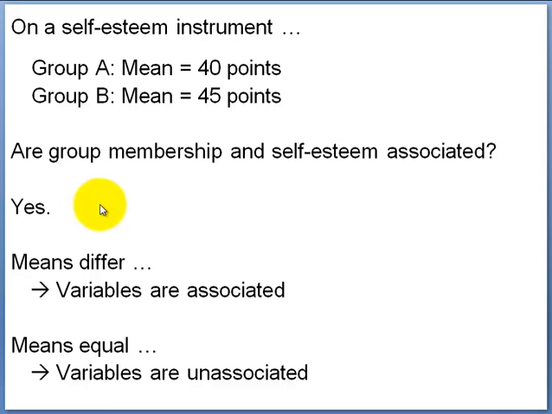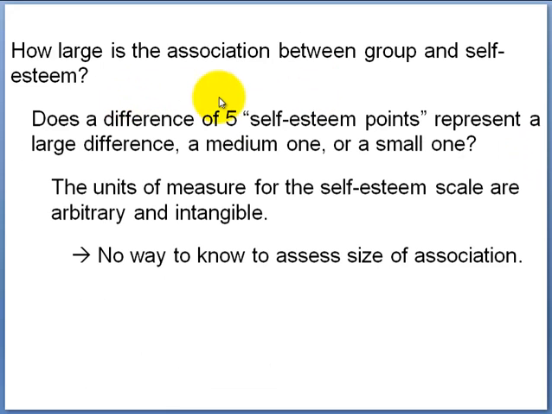Now do recall, we're not saying anything here about whether this relationship is statistically significant, that is, unlikely to be due to chance, and further, we're not talking at all about cause of relationship. We're just examining in one sample, is there relationship? And here our means differ, and therefore there is. How large is the association between group A or B and self-esteem score?